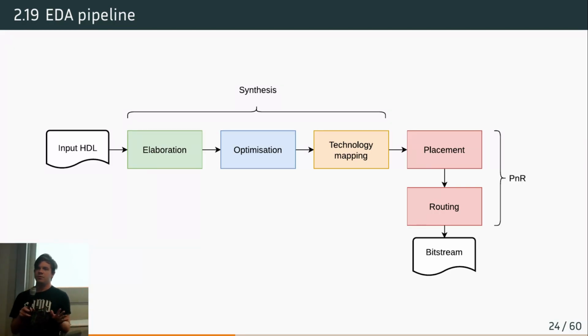It's not physically based; it doesn't consider the area that this would take up in any degree. Whereas for place and route, this is where things actually become physical, and we want to take this netlist and map it to the resources that a given FPGA or a given design library for an ASIC will have.